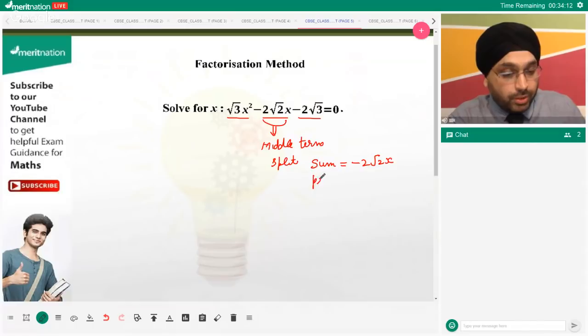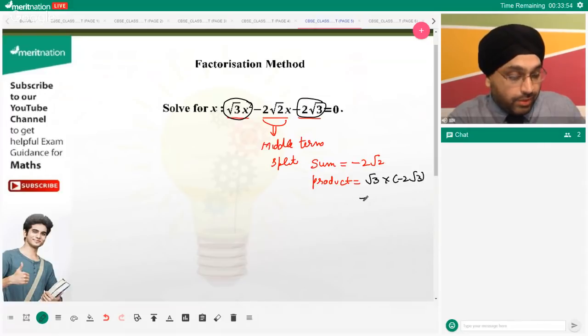And what's the product? When you think of the product, you just need to multiply this one with this one. So it will come out to be root 3 into minus 2 root 3. Now, when you multiply it, it will come out to be minus 6.